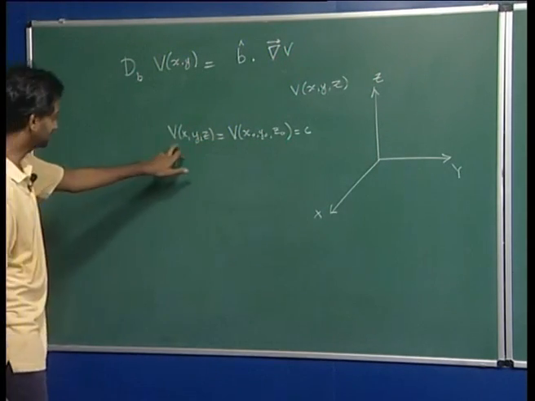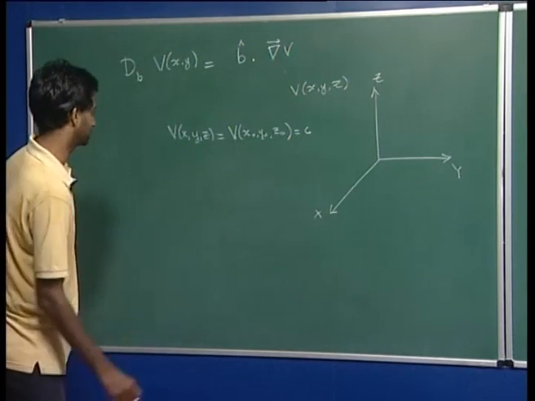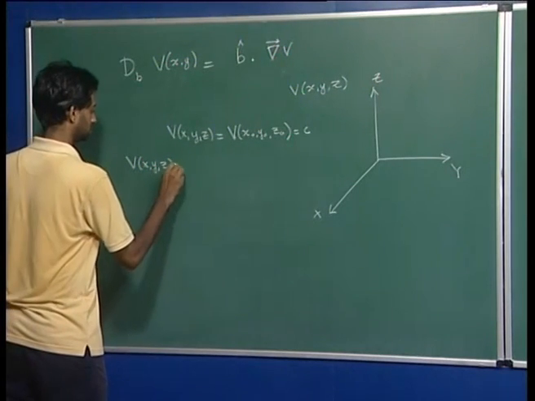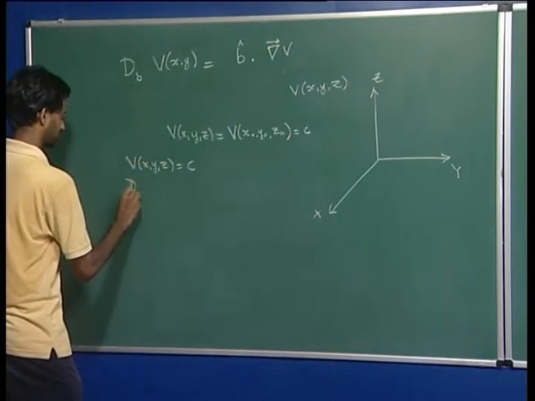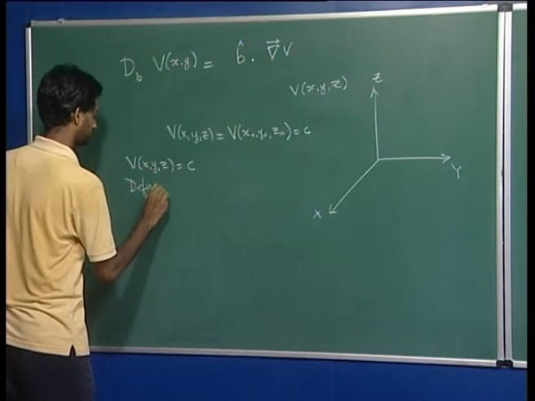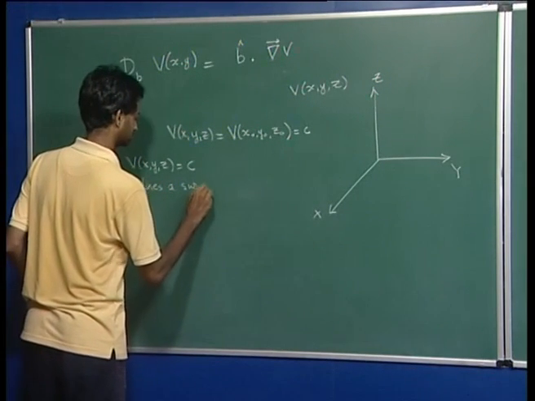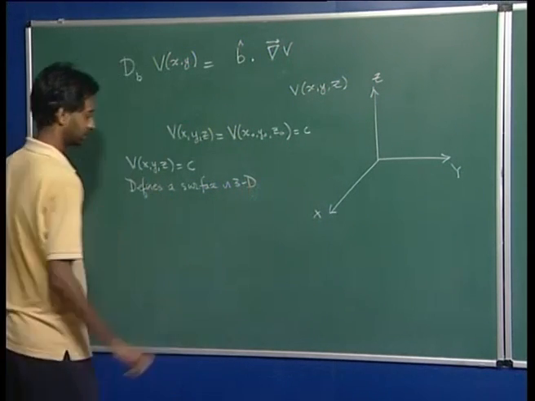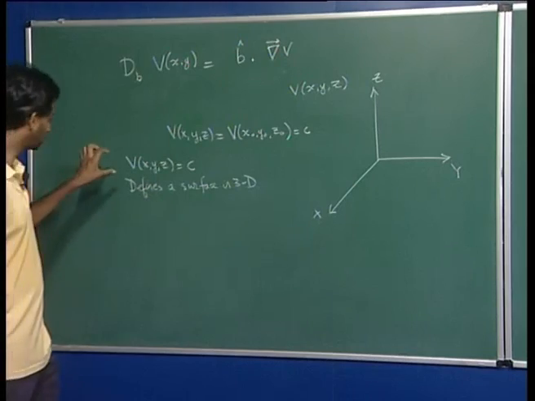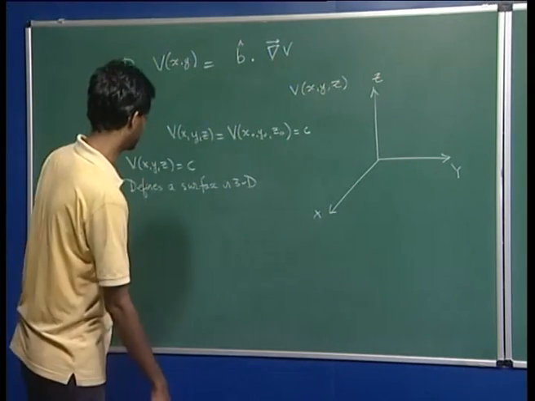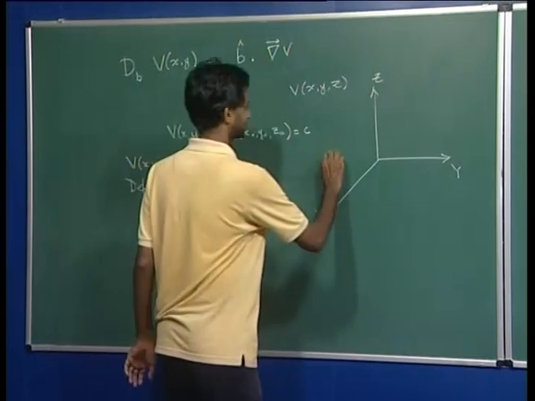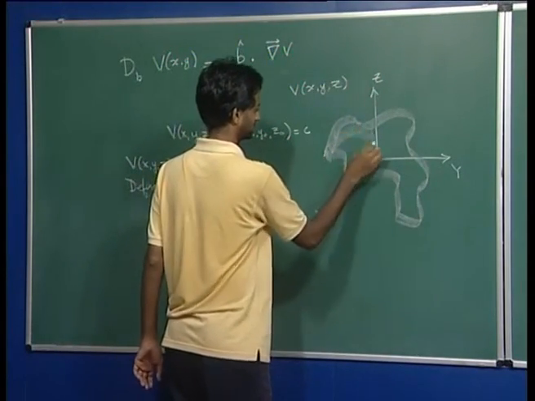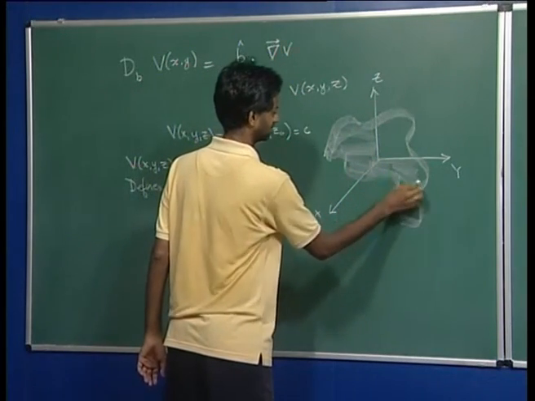Now, this V of x, y, z equal to c defines a surface in 3 dimensions. So, V of x, y, z equal to c is the equation of a surface in 3 dimensions, and this surface can be closed, it can be open, it has some form.